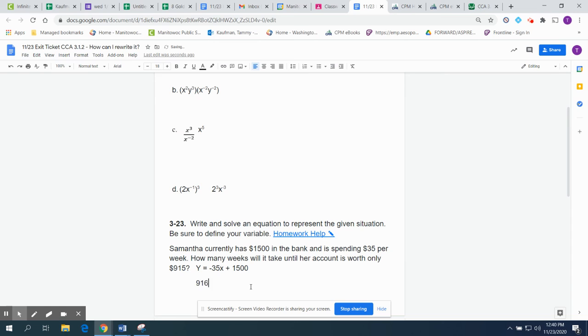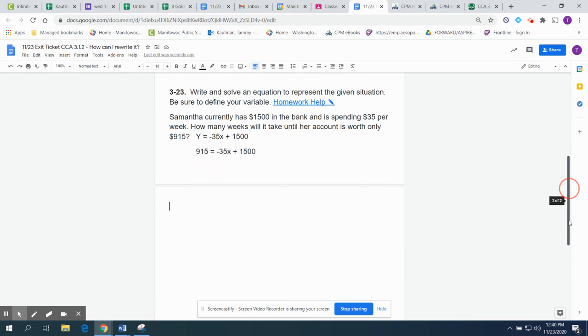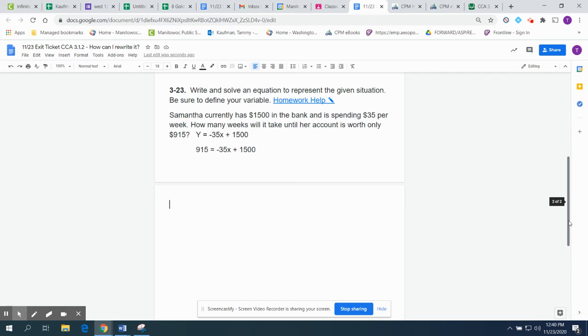So 915 is equal to -35x plus 1,500. Work backwards by subtracting 1,500, and 915 minus 1,500 is equal to -585 on this side.